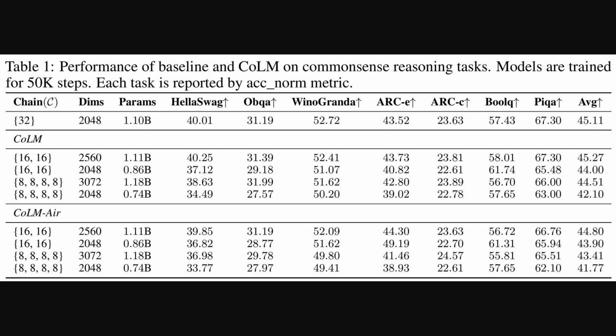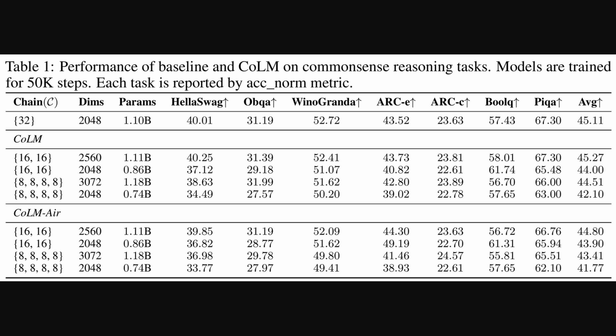Alright, now let's look at Table 1, which shows how these chain of model approaches, specifically chain of language model and chain of language model AIR, stack up against a baseline on common sense reasoning tasks. Performance here is measured using the ACC norm metric, which is essentially a normalized accuracy score for each task.